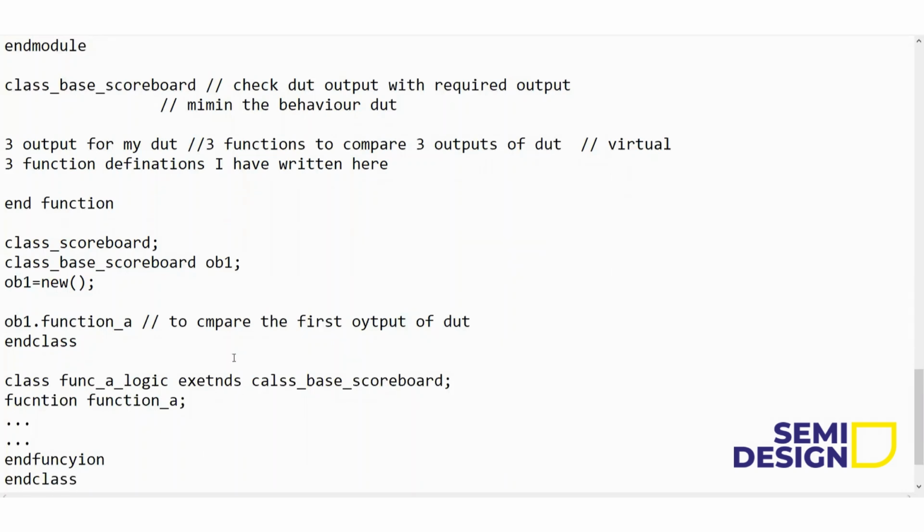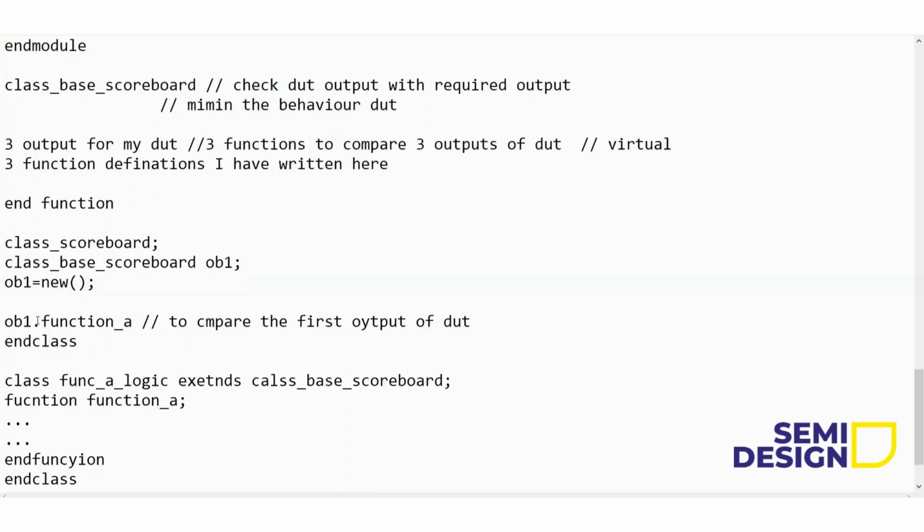This logic may be 1000, 2000 lines. So individually they can take it. First that engineer will simply remove this one, write this code, and check whether there is any compilation error. After writing the logic, I can take the code and add these things.